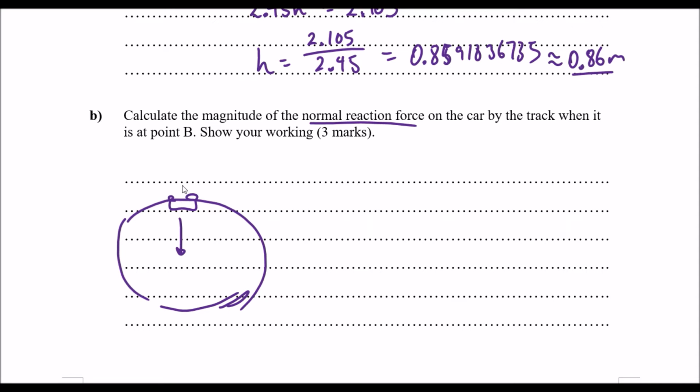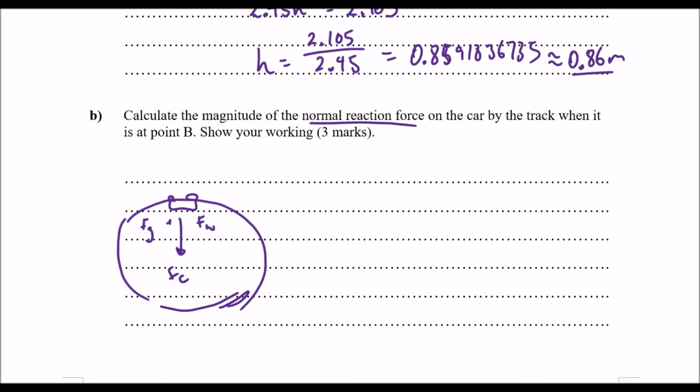On the car when it is at point B, there's gravitational force pulling it down. At the same time, because it's at this position here, the normal force is also pushing down. When these two add together, that gives us our centripetal force.